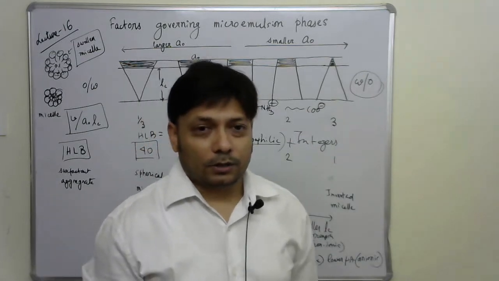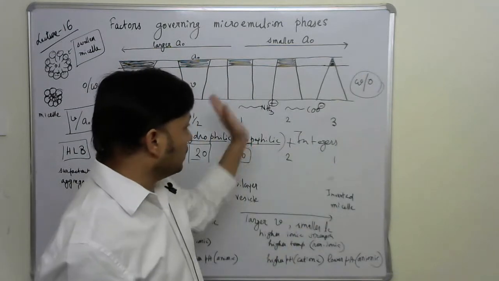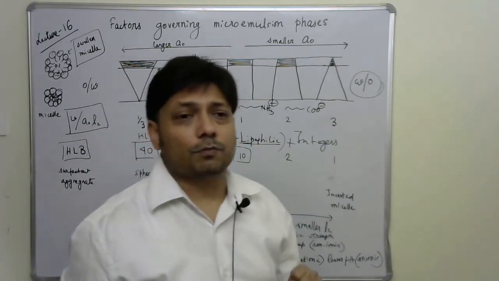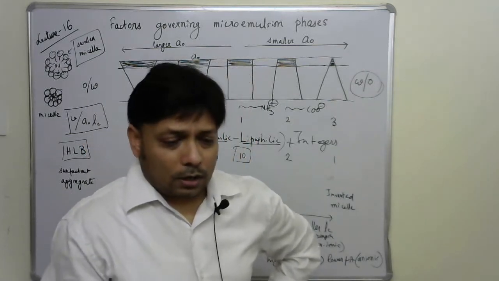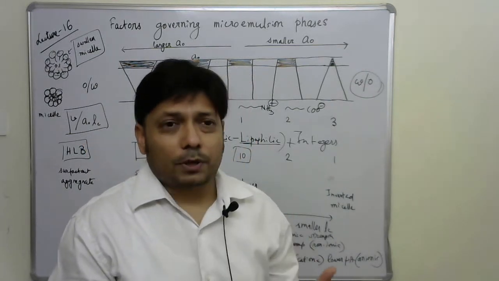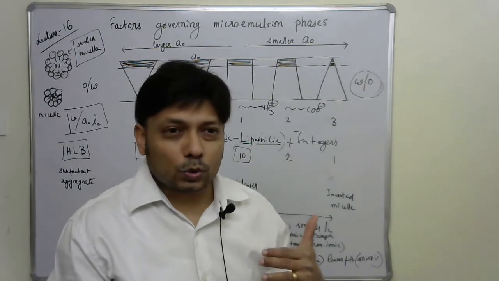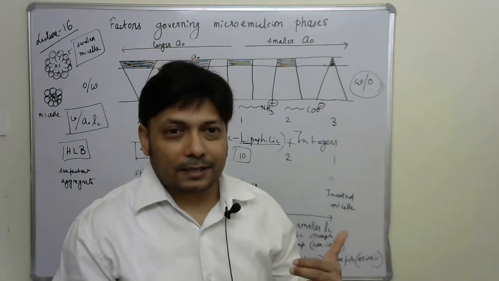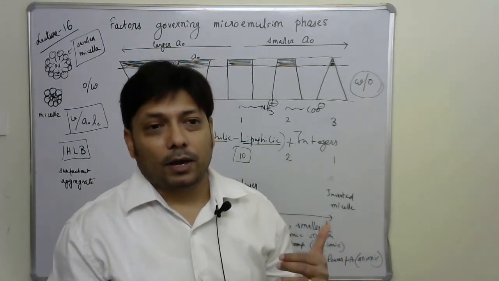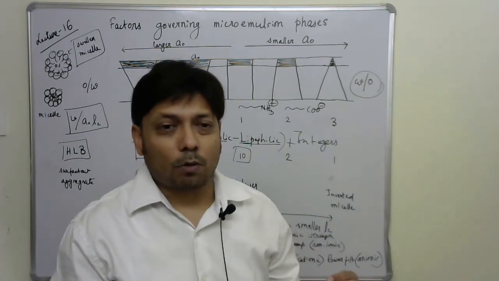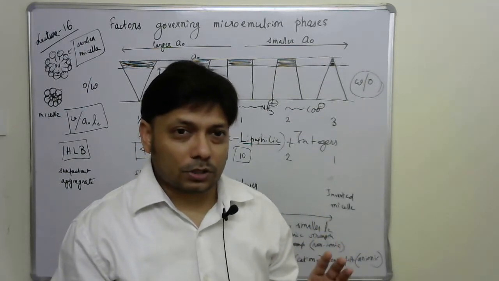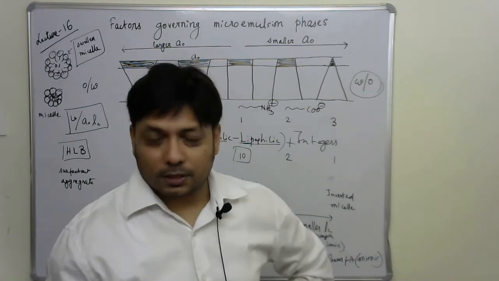So we are done with the types and factors of microemulsions. Now the next topic is how to study the experimental data when a microemulsion is formed from a specific composition. All right, so let's follow that out here.